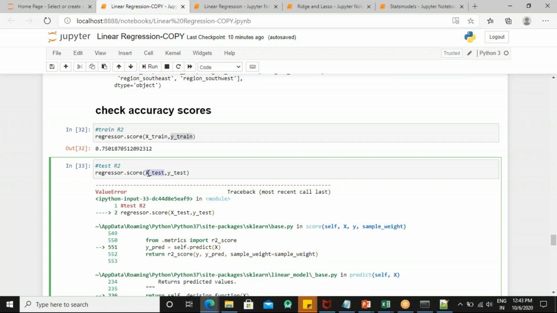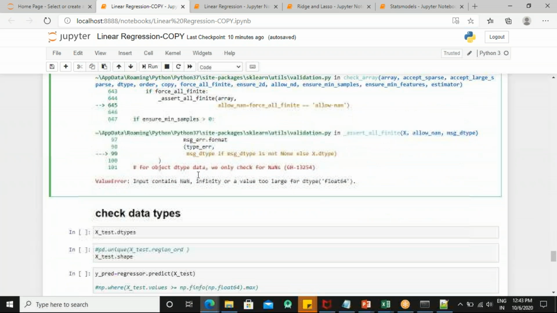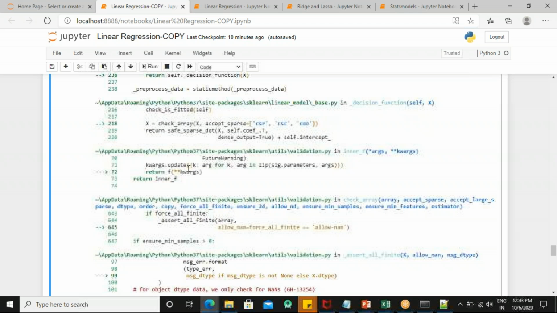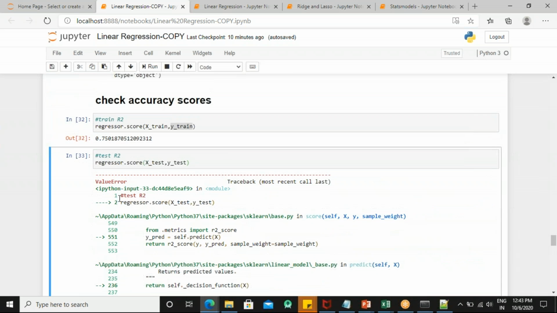And now the point is I should try to understand what is the error. Input contains NaN, okay. Entities or value that are too large for this particular thing to work.